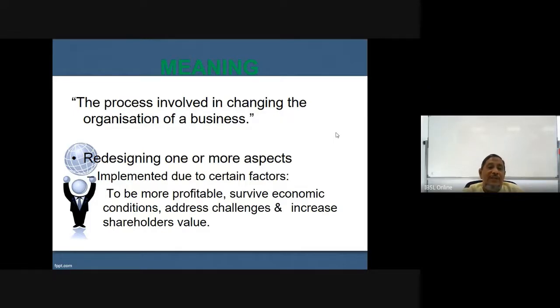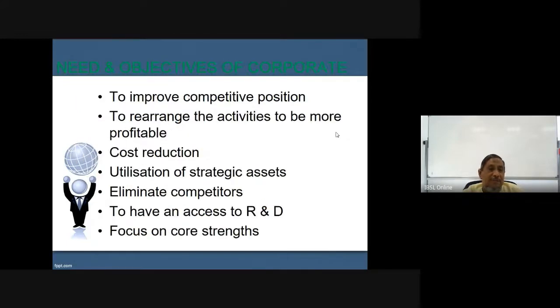So for corporate restructuring, we apply this principle to large corporates. The need and objective of corporate restructuring is to improve the competitive position of the business. Large corporates, we discussed later, that a large corporate failure has a big impact on the economy.